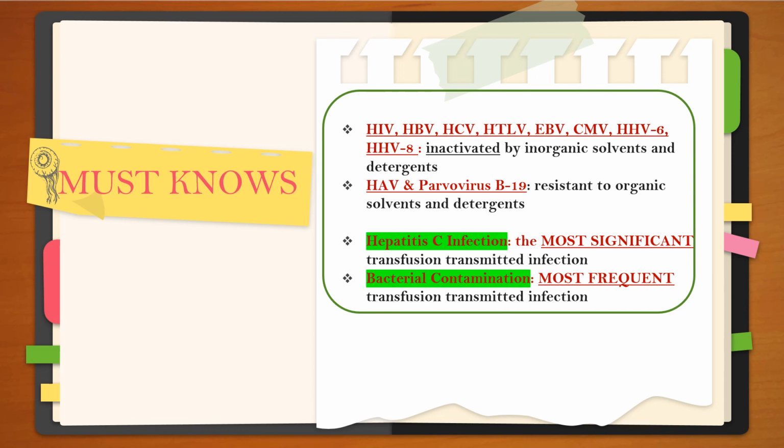HIV, hepatitis B virus, hepatitis C, HTLV, Epstein-Barr, CMV, and additionally human herpesvirus 6, causative of roseola infantum, and human herpesvirus 8, with disease association to Kaposi sarcoma, are all viruses with lipid envelopes, and these viruses are inactivated by organic solvents and detergents, with the exception of hepatitis A virus and parvovirus B19, because these two viruses are resistant to organic solvents and detergents.